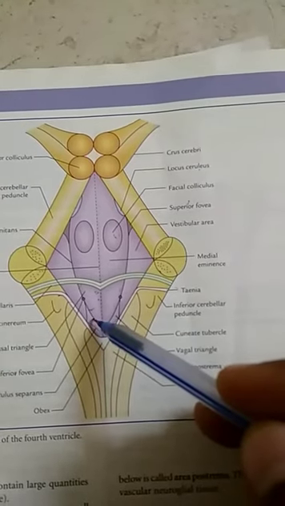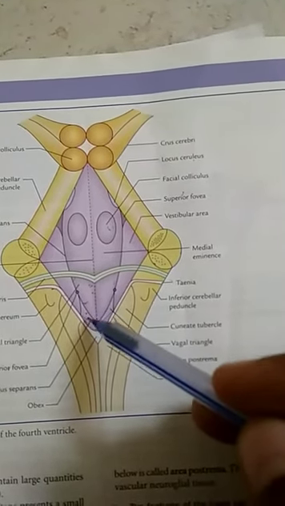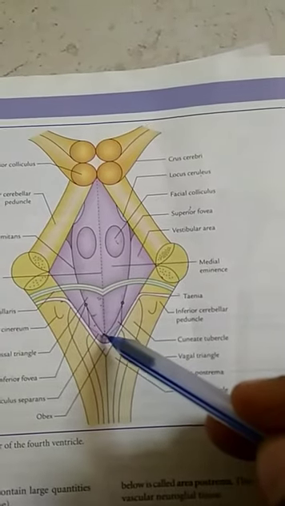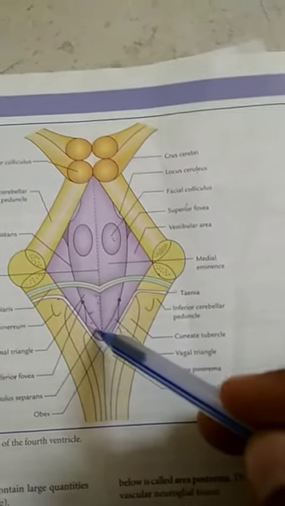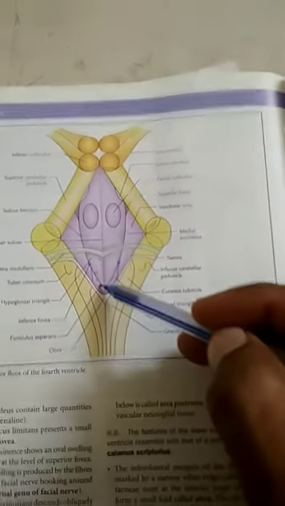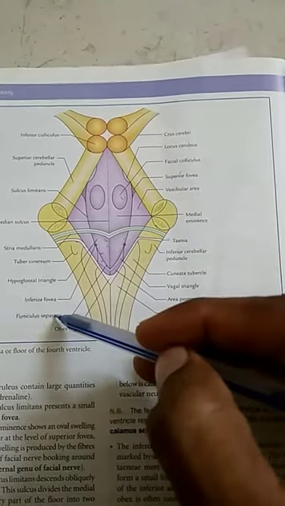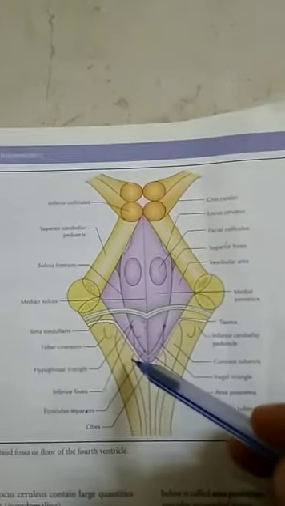This vagal triangle is crossed by a narrow translucent ridge, which is known as the funiculus separans.